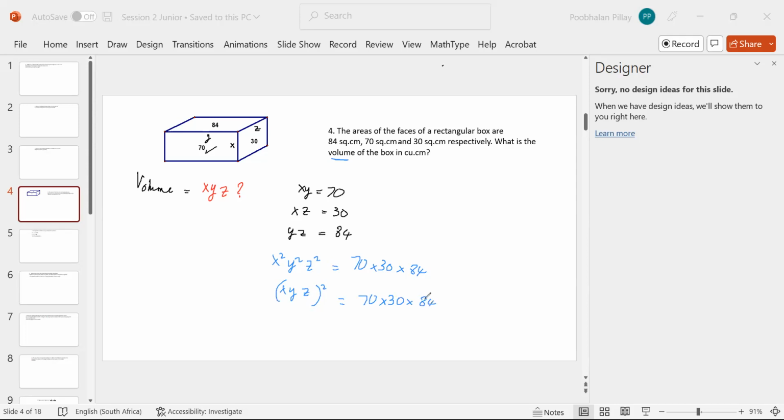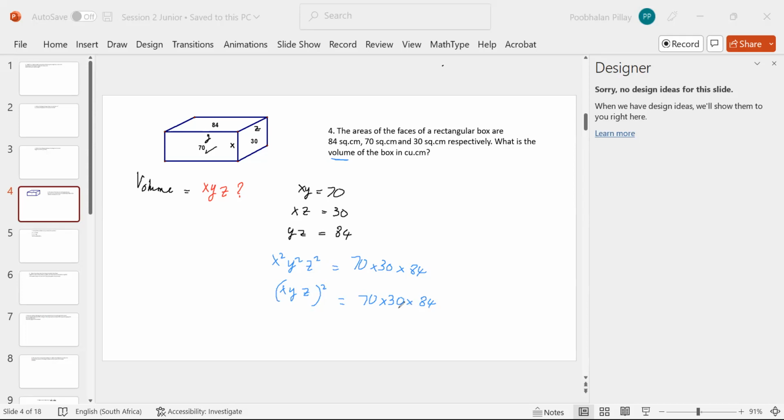And you will say, hey, now this is a very big number, and xyz will be equal to the square root of that number. Otherwise, you want to know which number multiplied by itself gives you this. Now that requires a little bit of work, and you're not allowed to use calculators, so that becomes a problem.